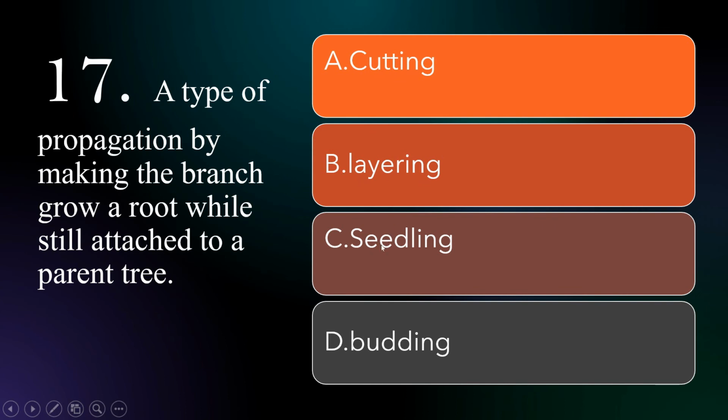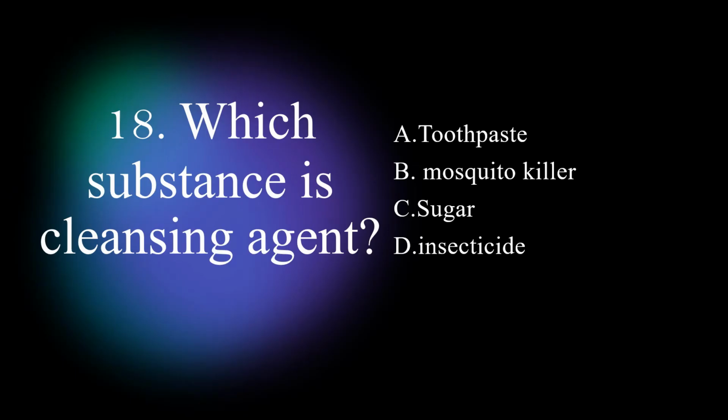B. Layering. C. Seedling. D. Budding. Okay, this type of propagation is very easy and you can plant the tree fast compared to seedling. I like this method of propagation because you can grow the tree fast.